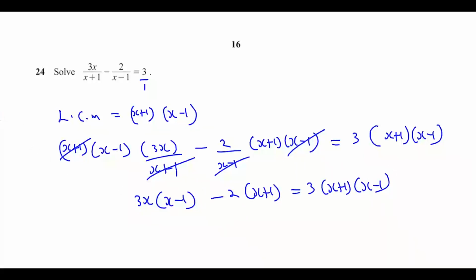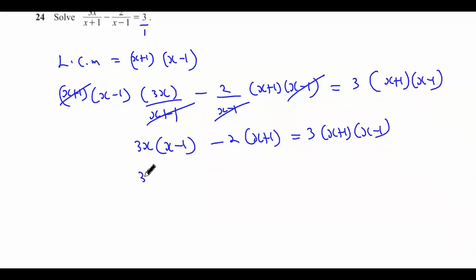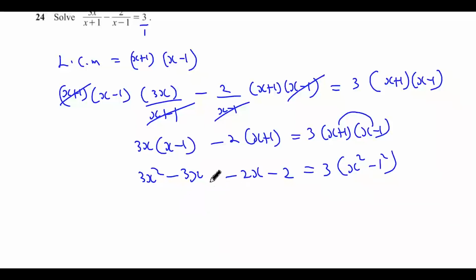So we need to expand the brackets. This will give us 3x squared minus 3x, then minus 2x minus 2, equals, by the difference of two squares, 3 into x squared minus 1. Then minus 3x and minus 2x add up to minus 5x.